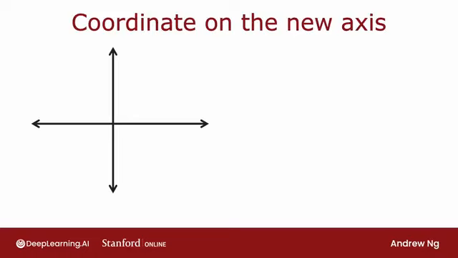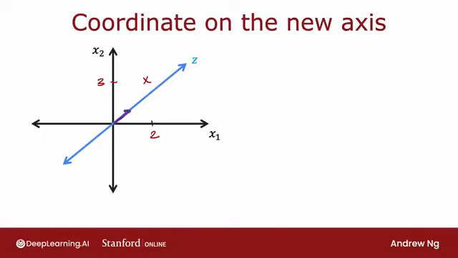But let's dig a little bit deeper into how that works. Here are my x1 and x2 axes, and here's one training example with coordinates 2 on the x1 axis and 3 on the x2 axis. And let's say that PCA has found this direction for the z-axis.